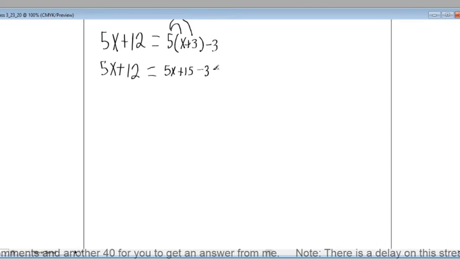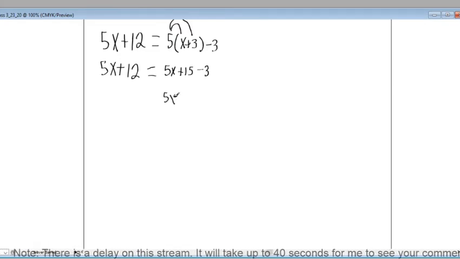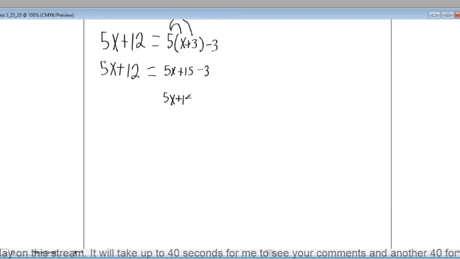Well, we can actually further simplify this by combining like terms. If you look, we have 15 and negative 3. Those are like terms. We can combine them. So if we combine those, we have 5x plus 12, because 15 minus 3 is 12.